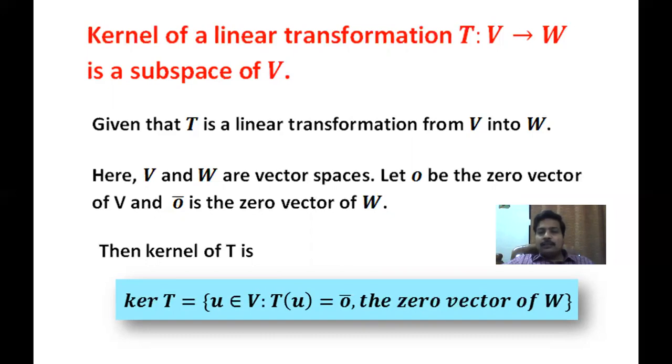Let O be the zero vector of V and O bar be the zero vector of W. Then kernel T is equal to the set of u belongs to V such that T of u is equal to 0 bar, the zero vector of W. This is the definition of kernel T.